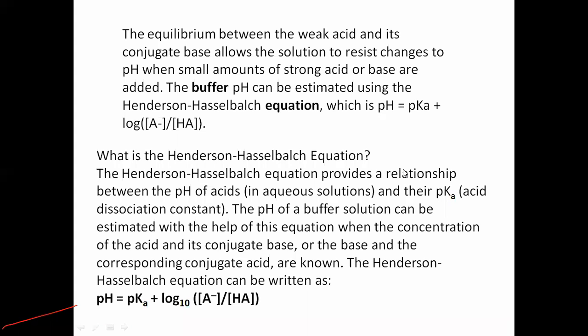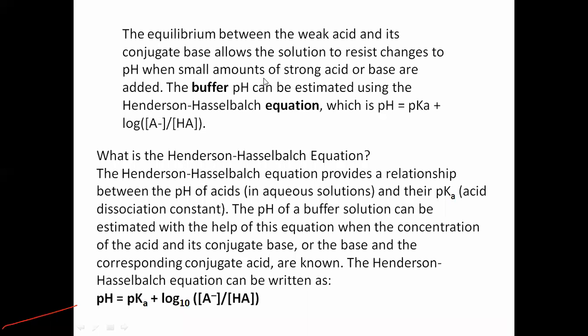So the ratio of H plus ion and the dissociation constant value is known as the Henderson-Hasselbalch equation. The pH of the buffer solution can be estimated with the help of this equation. If we don't know the pH of any solution, with the help of this equation, we can calculate the pH of this solution.